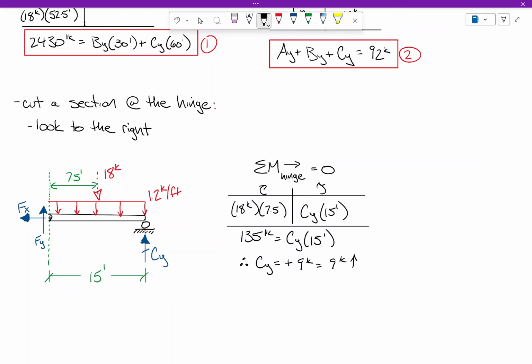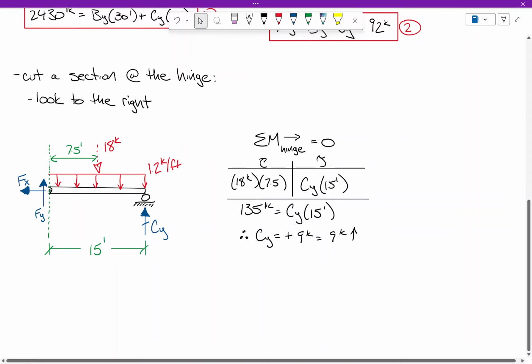The hinge afforded us the ability to solve for one of those unknowns. Now I'm asking you, tell me what to do. Now what do I do? Plug Cy back into the first equation. There you go. And then what'll that give us? By. And then what do we do with that? Plug it into the second equation, because then we'll know By and Cy and we get Ay. So we're still going to use these equations, we just had to do the section cut first.